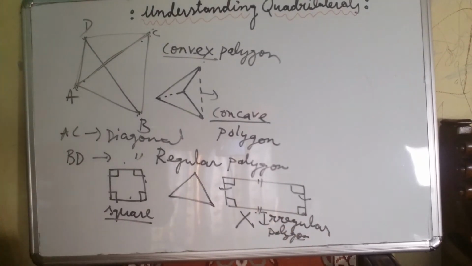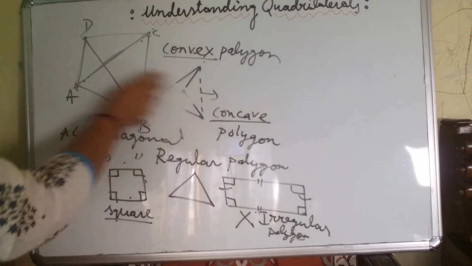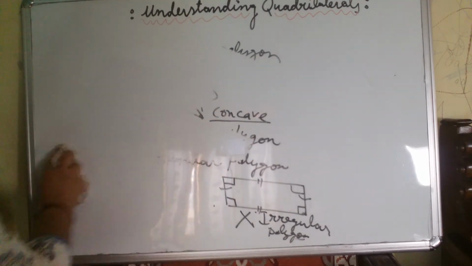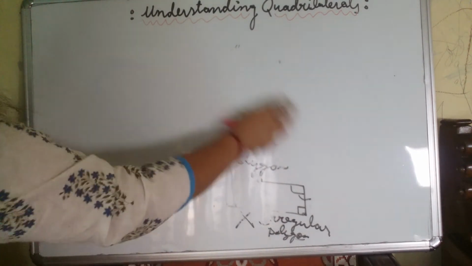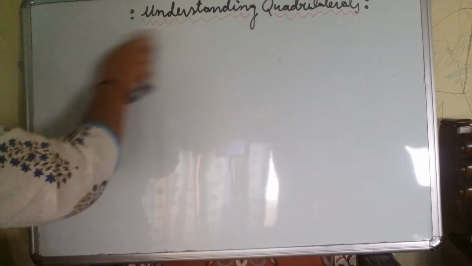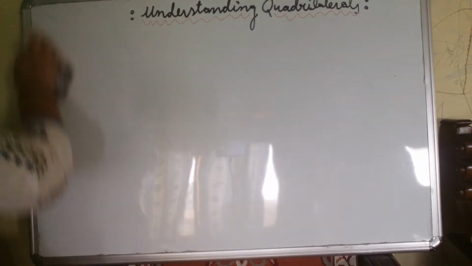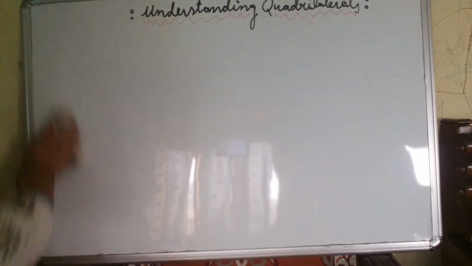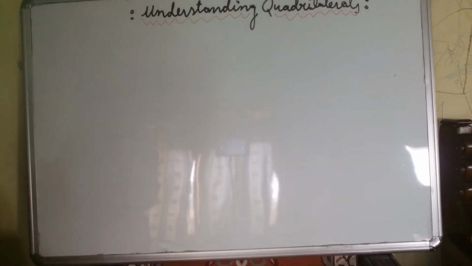Okay. Next, what we have studied? We have studied the angle sum property of a polygon. What will be the sum of all the angles of a polygon? I have told you that the number of angles depends on its number of sides. That means triangle will have 3 angles, quadrilateral will have 4 angles.